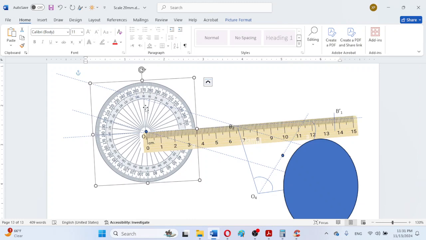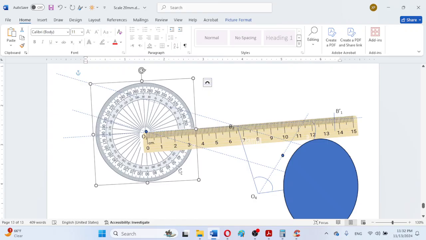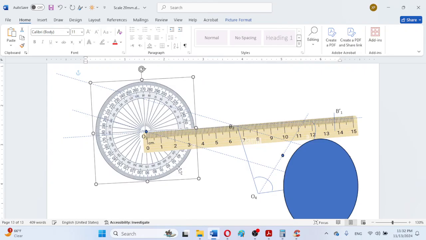So here like this. Now we can resize it to 3.5 exactly like this. Use up and down arrows very carefully.